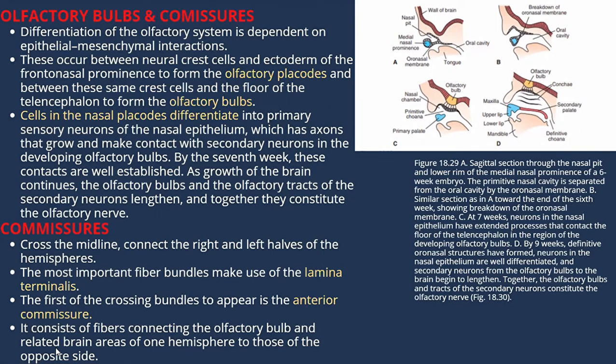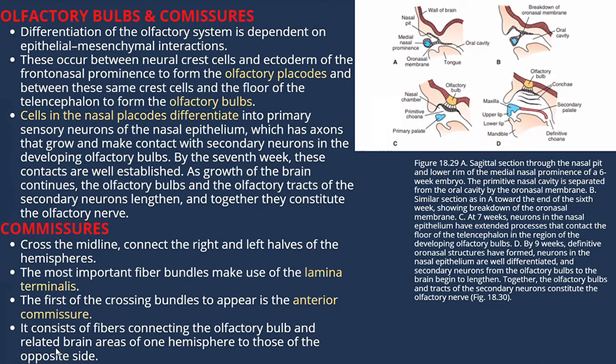Cells in the nasal placodes differentiate into primary sensory neurons of the nasal epithelium, and then they grow and make contact with the secondary neurons of the developing olfactory bulbs. By the 7th week, this contact and growth in the brain continues. The olfactory bulbs and the olfactory tracts of the secondary neurons lengthen, and together they constitute the olfactory nerve.